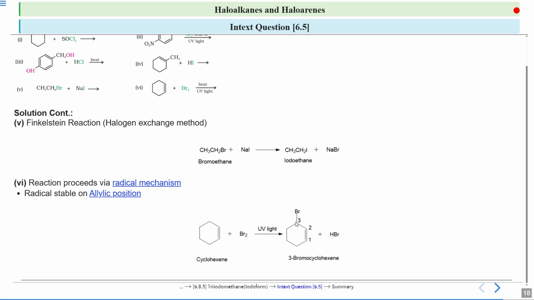So the third position is the allylic position, because this carbon is attaching with bromine and it is sp3, but it is attached to an sp2 hybridized carbon involved in the double bond. So the bromine radical is going to stabilize on the allylic position of the alkene and you will get your major product as 3-bromocyclohexene, plus HBr as your side product. So these are the reactions along with their major monohalo products that you have seen for each part of this question.